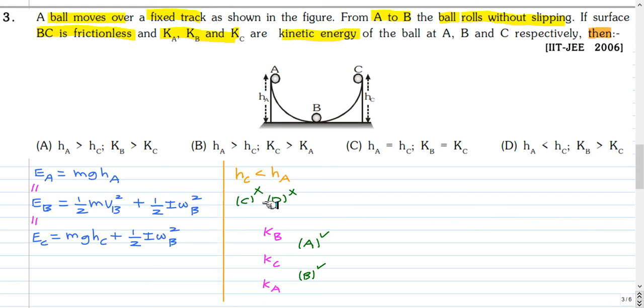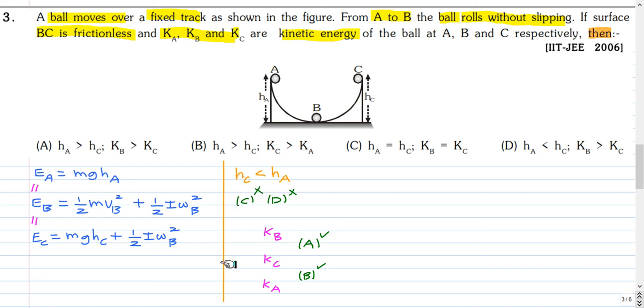So option C and D can be eliminated, and the kinetic energy at point B will be maximum. Kinetic energy at point C is only half I omega B square, while kinetic energy at point B is half I omega B square plus the linear kinetic energy. So kinetic energy at point B is greater than kinetic energy at point C, and kinetic energy at point A is 0.